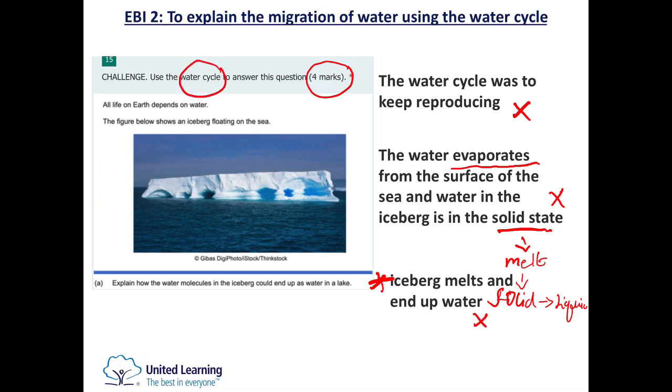So you have this water cycle to work with and explain what's happening. We're looking at the command verb here, explain, and explain is to state something and justify it. So you need to give reason and evidence of what you're saying. So I'm going to show you how we can get that right answer.